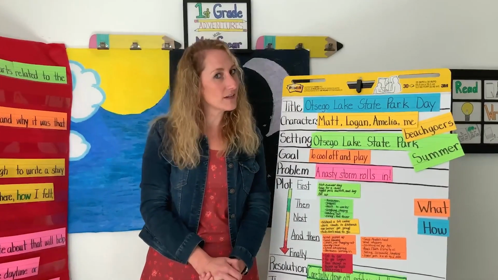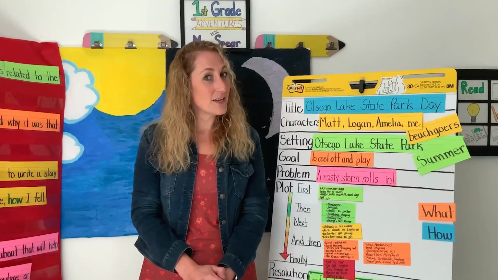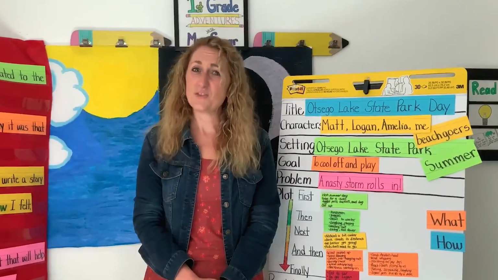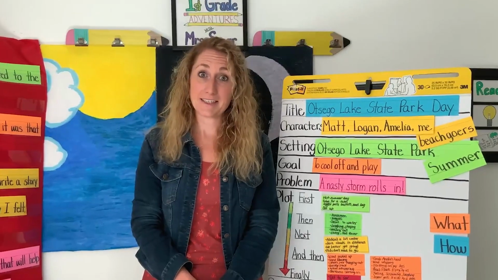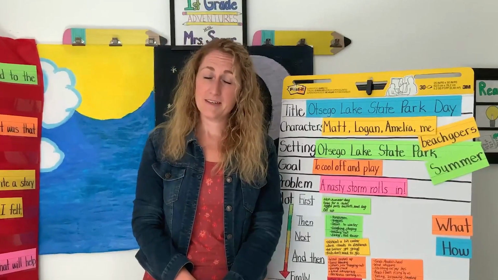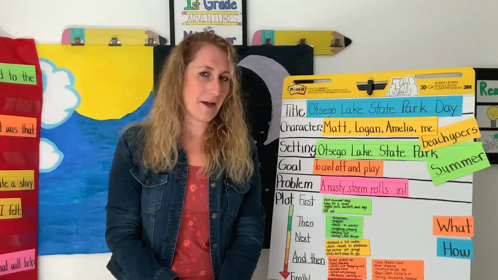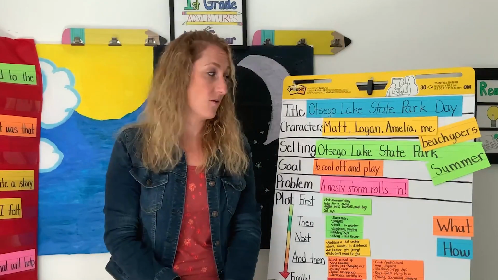I bet you have some really great ideas. Here's one of the things I was thinking would be a really good theme. It's really important to pay attention to the sky at all times. But in the summertime, pay attention to those dark clouds when you're out and about, because you just never know when a nasty storm is going to roll in.